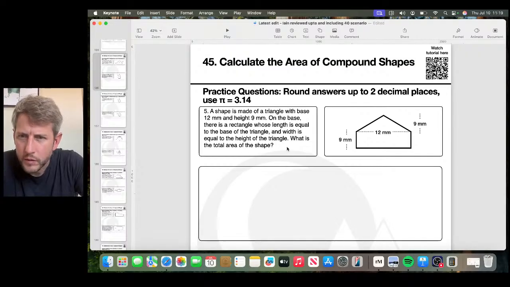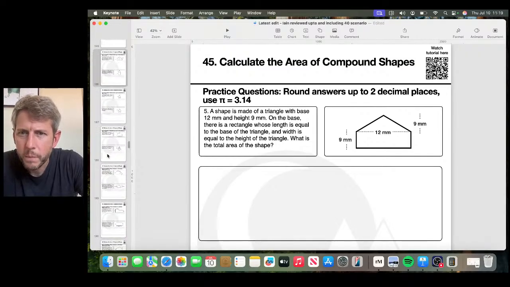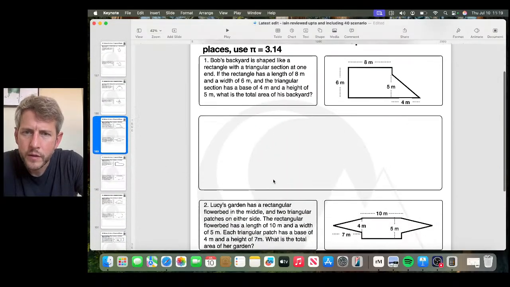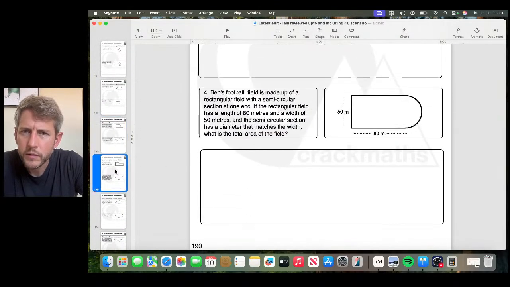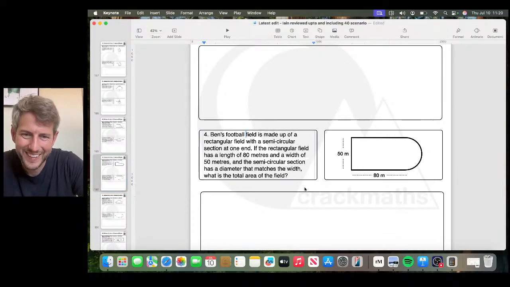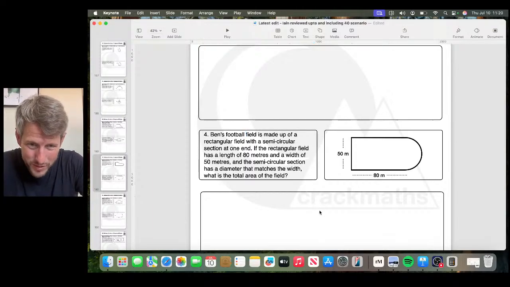Where was that space? It was a scenario question. It wasn't this one. It's here, Bob's Field. Sorry. It wasn't that important, but whilst we're here.